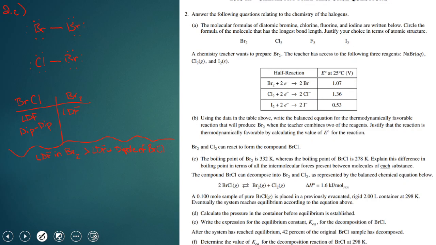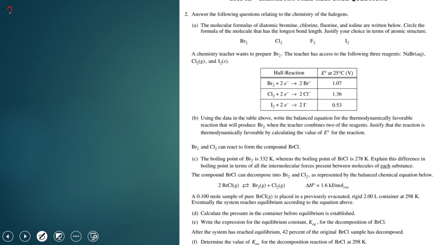It doesn't ask you to explain why necessarily, it just says explain the difference. The reason why is because the intermolecular forces of the bromine molecule, the bromine liquid molecule in this case, is greater than the combined IMFs of BrCl. And therefore, the BP of Br2 is greater than the BP of BrCl. Alright, so that was just a simple conceptual problem.